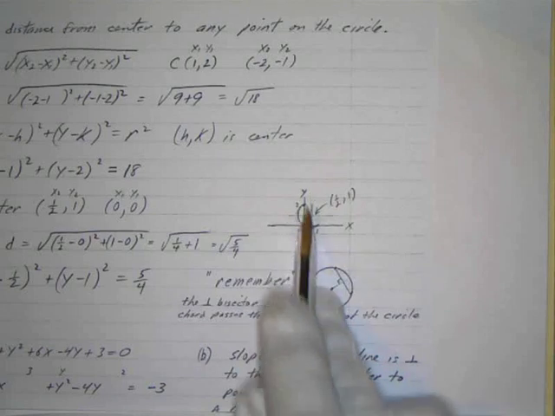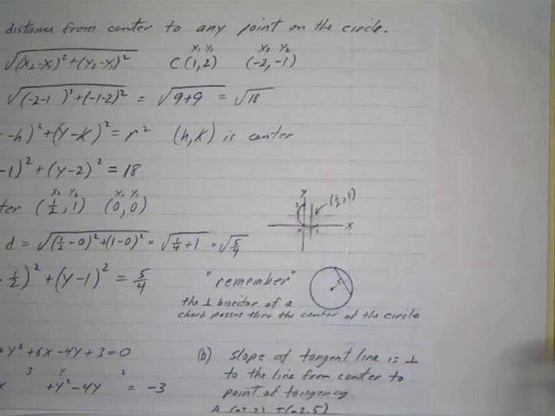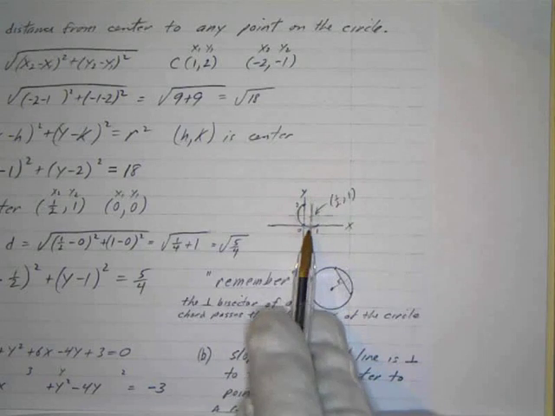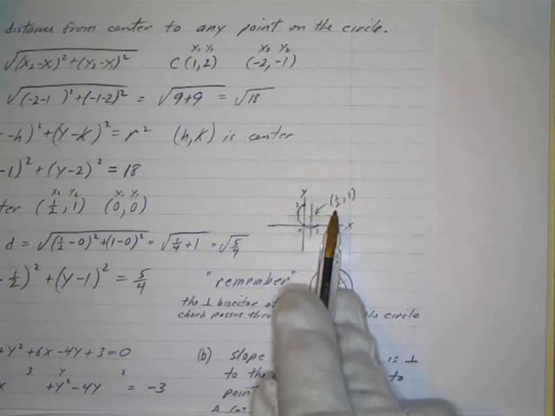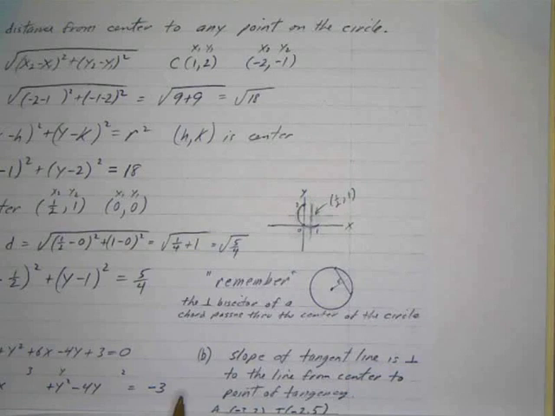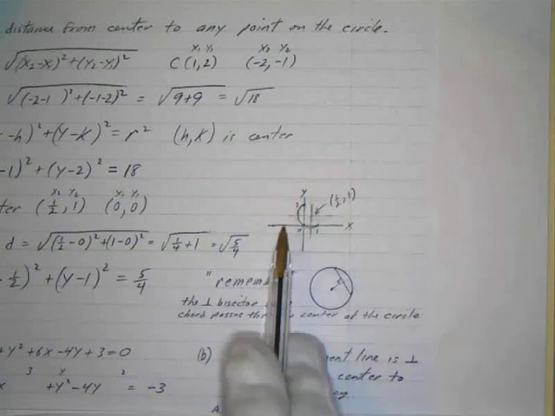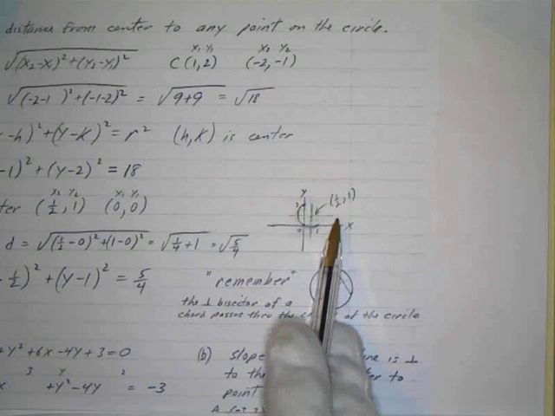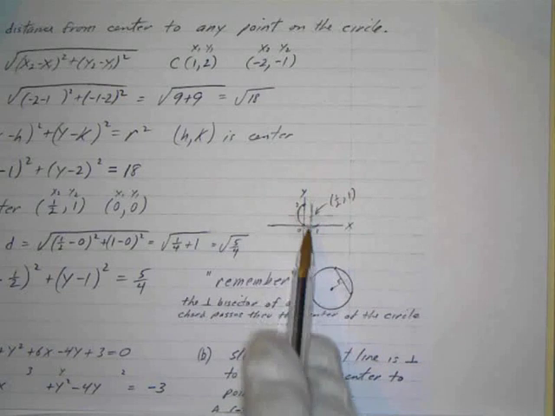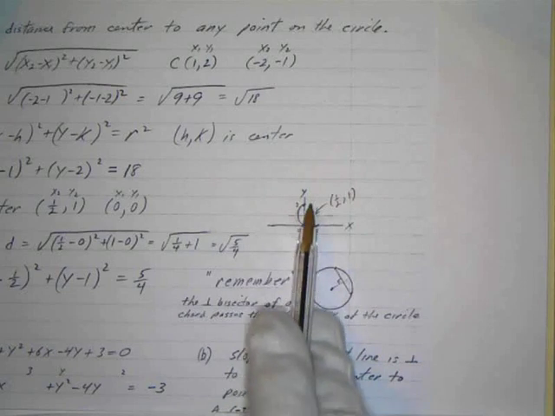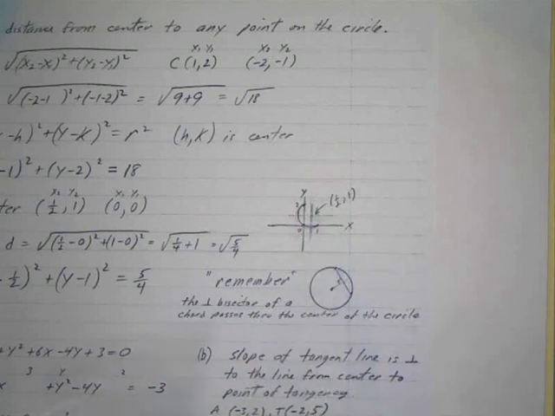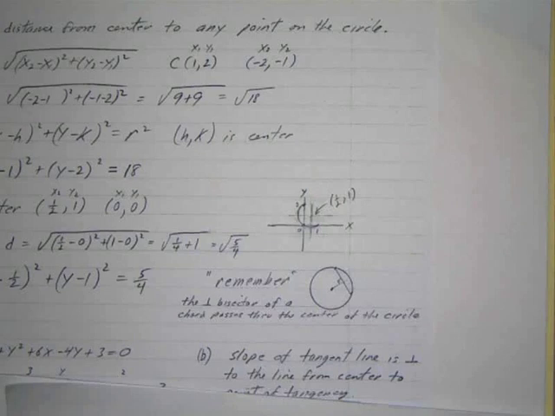That's going to give me the x-coordinate of my center, and the midpoint of 0 to 1 is just 1/2. So by looking at the sketch, each perpendicular bisector goes through the center, and therefore I figure out the center is (1/2, 1). That was kind of tricky to figure out.